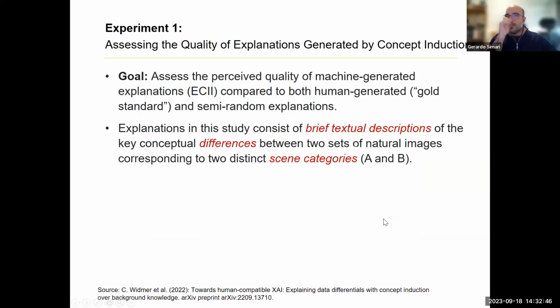So in the first experiment, the goal of the authors was to assess the perceived quality of the explanations generated by the SC algorithm compared to both the gold standard, which is the human-generated explanations, and also what they called semi-random explanations.